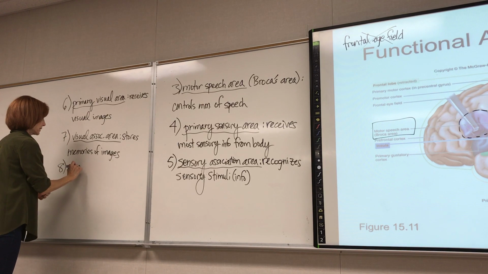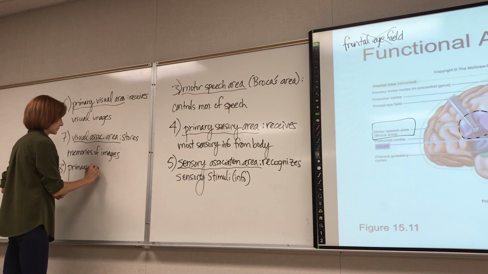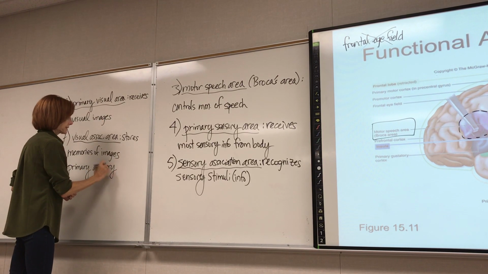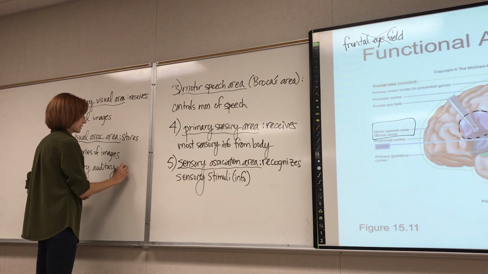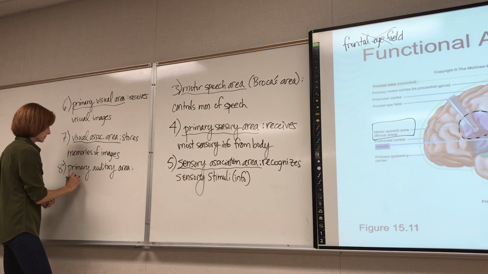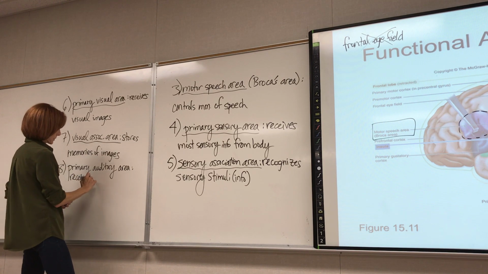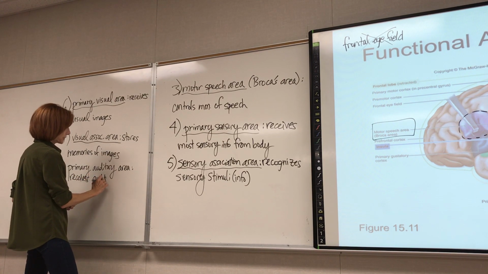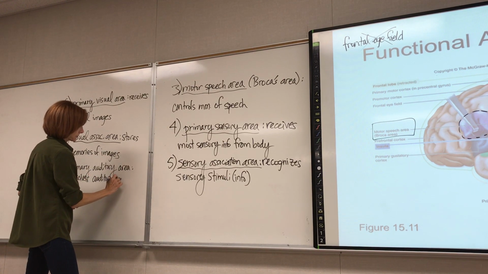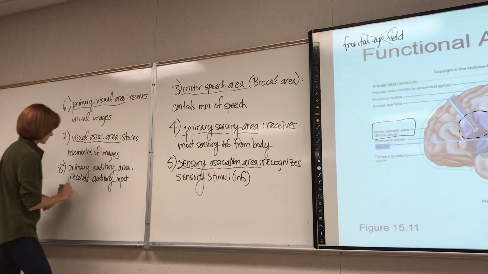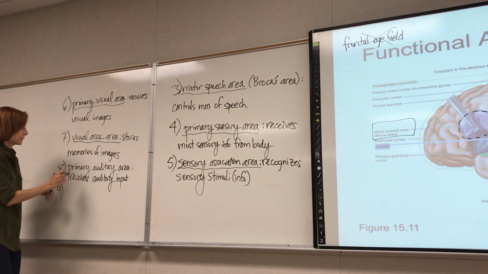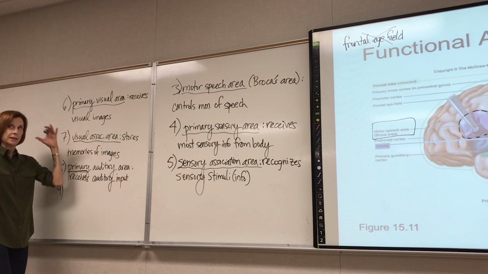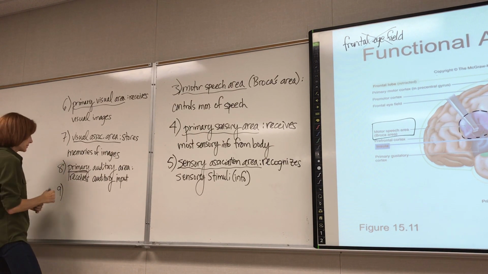Okay, so the primary auditory is the area that first receives signals first. Again, these primary areas are more connected with the body. The actual sensory input is going into them.